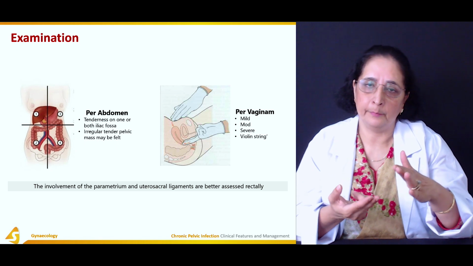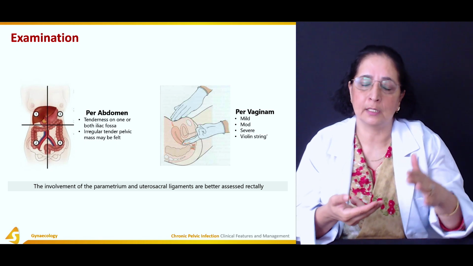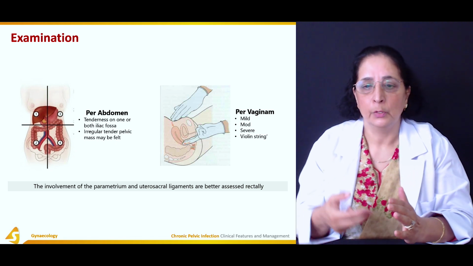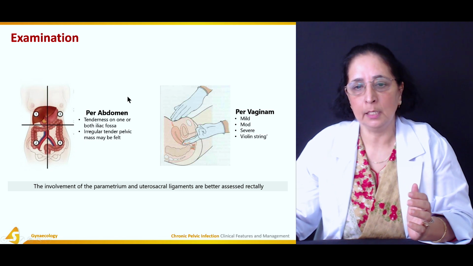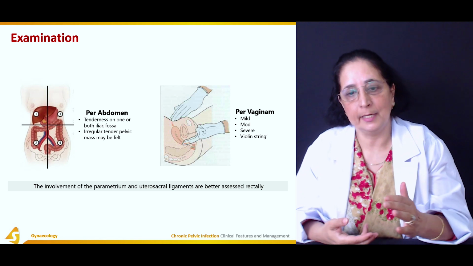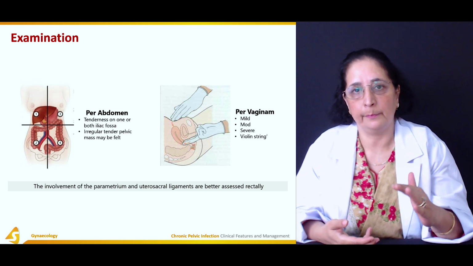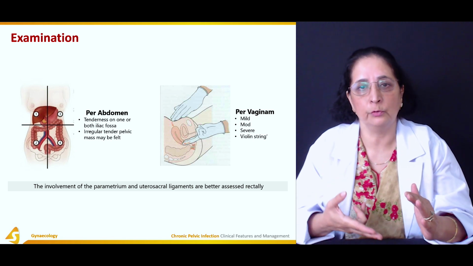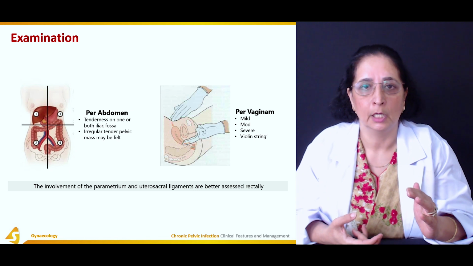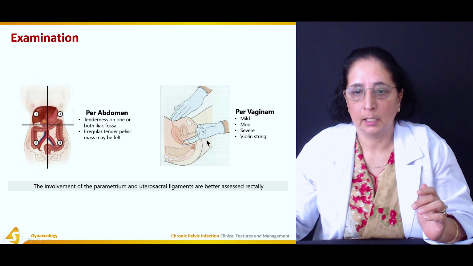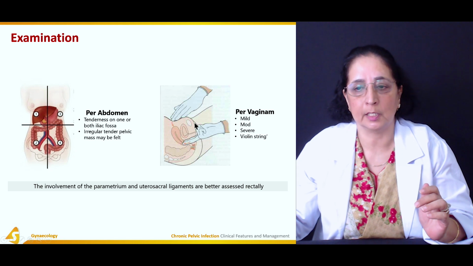That pushing down pushes the uterus and cervix a little down, so the doctor can easily palpate through the vagina. This is the bimanual per vaginal examination. Here is the uterus, and two fingers are inserted. One hand is used to push the structures down.